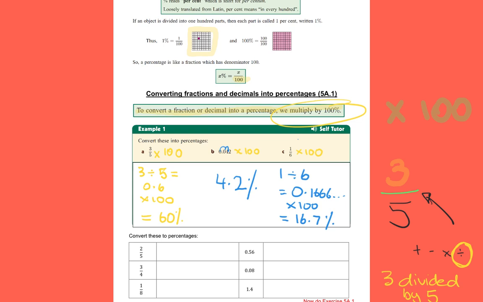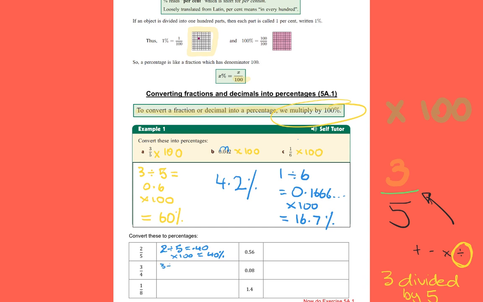Okay, you have a go at these next questions. So 2/5. We're going to go 2 divided by 5, which is 0.4, times by 100, which is 40%.